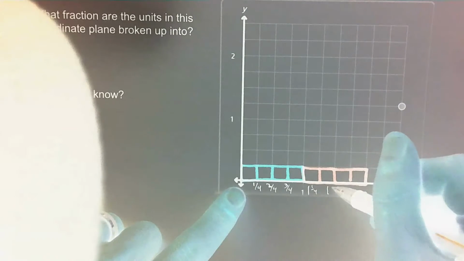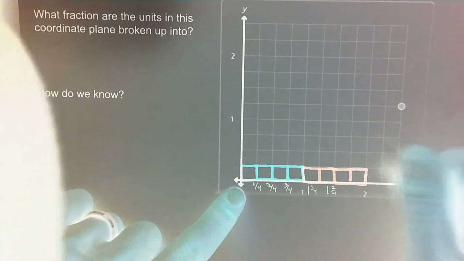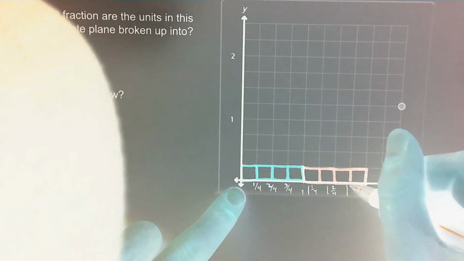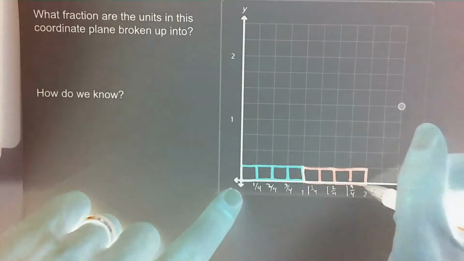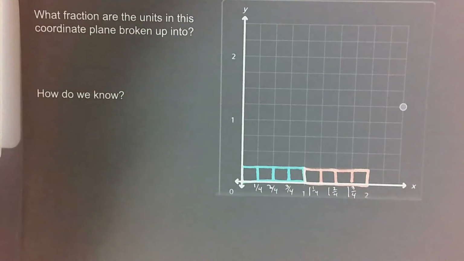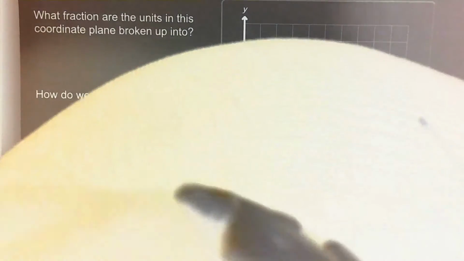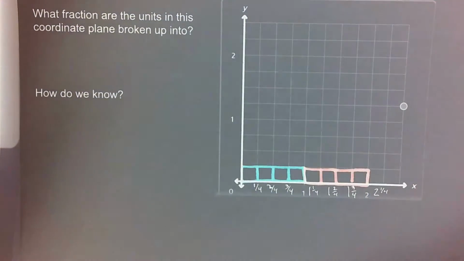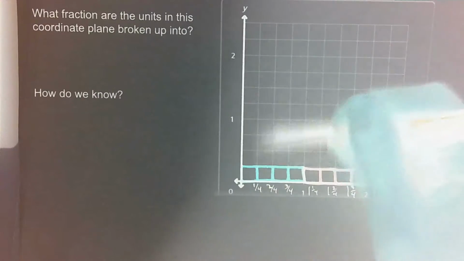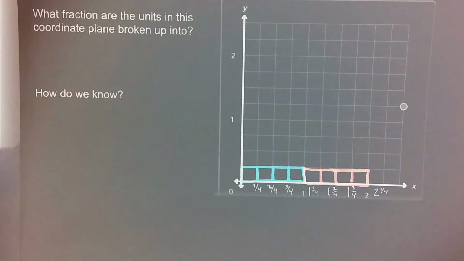This would be 1 and 2/4, 1 and 3/4, and then once we got to 1 and 4/4, that would just be 2. And then we would keep going from there, 2 and 1/4, and so on. So each unit in the coordinate plane, both on the x-axis and the y-axis, is going to be worth 1/4.